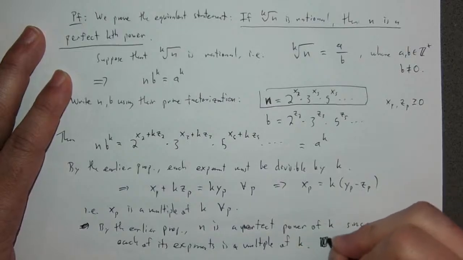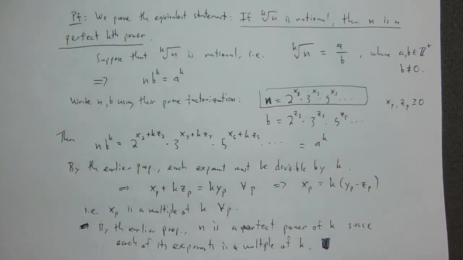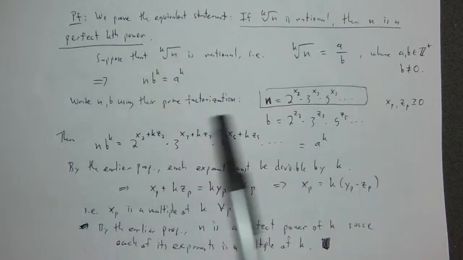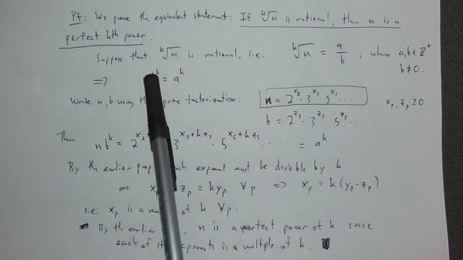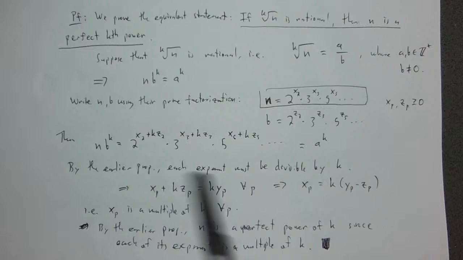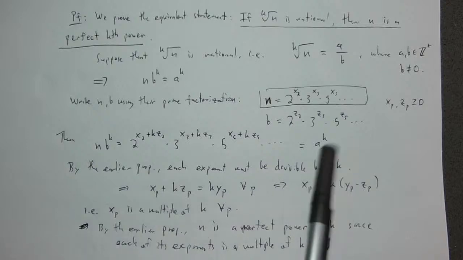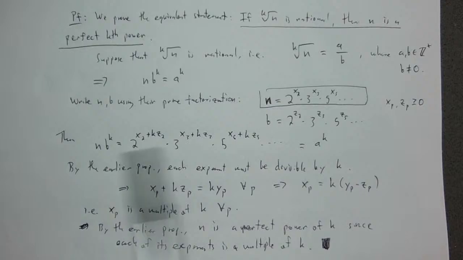And that does it. Okay. So we started out with the assumption that the kth root of n is rational. We got this expression, n times b to the k is equal to a to the k, using the prime factorization together with this fact that if you know that some integer is a perfect kth power, then k has to divide every single exponent, right?